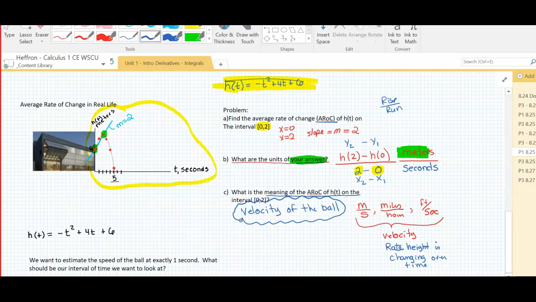And so calculus, we're going to write this up here, calculus is the study of rates of change and one other thing called the integral.